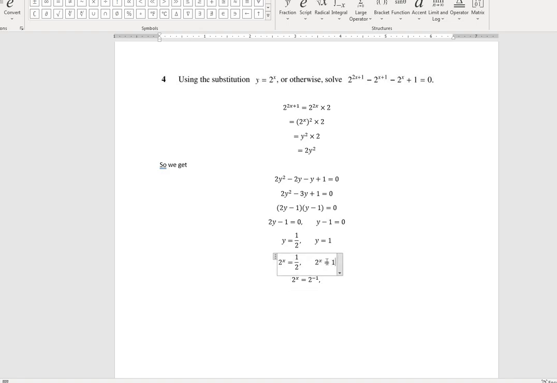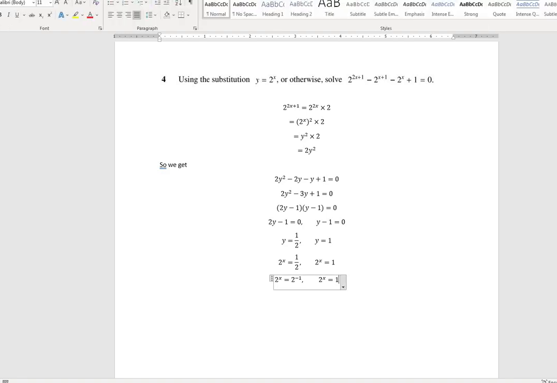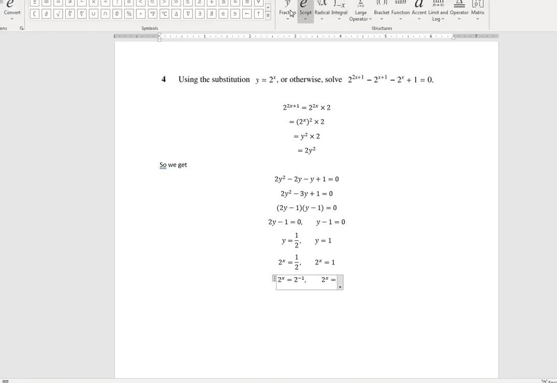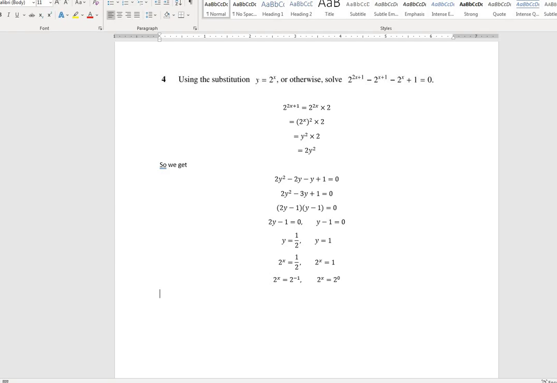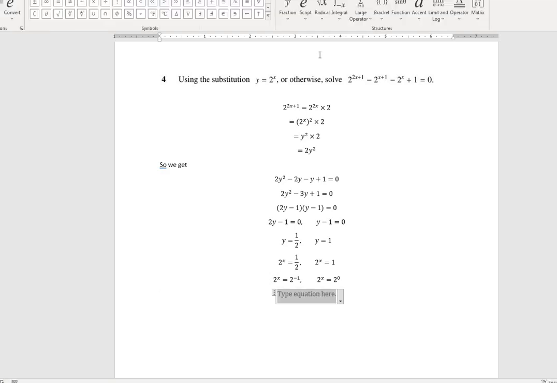And then the other part: 2 to the power of x equal to 1. 1 is actually equivalent to 2 to the power of 0. So over here we can solve for x.